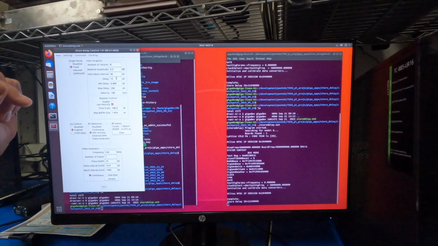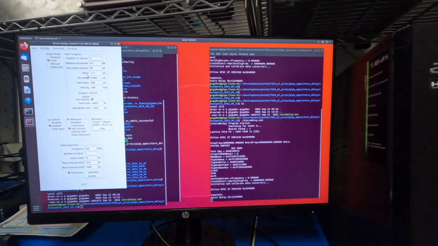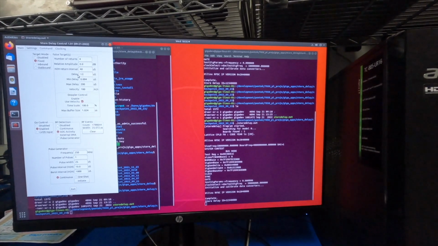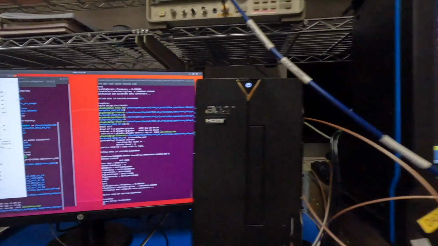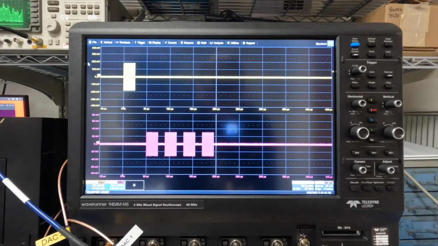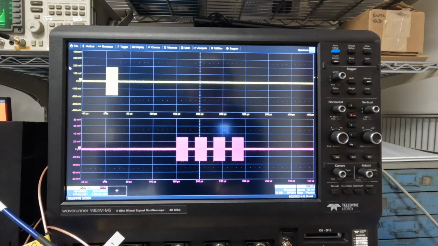So I'll move this out to, say, 50 microseconds for the initial. Actually, let's make that a lot higher. Let's go to 150 for the initial offset.